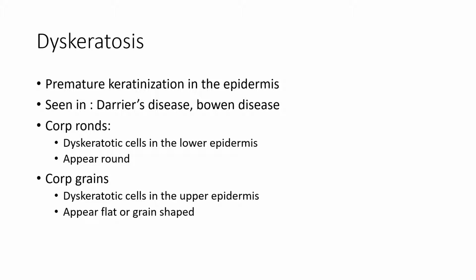So corps ronds are dyskeratotic cells in the lower epidermis and appear round, whereas grains are dyskeratotic cells in the upper epidermis and appear flat or grain shaped.